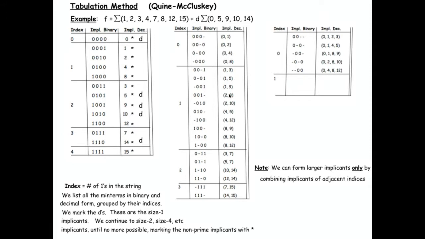But 2, 3 is actually very similar to 0, 1, right? It starts with 2 zeros, ends with crossed out, and the only bit that is different is the second bit from the right. So that tells us that 0, 1 is going to be fully adjacent to 2, 3.